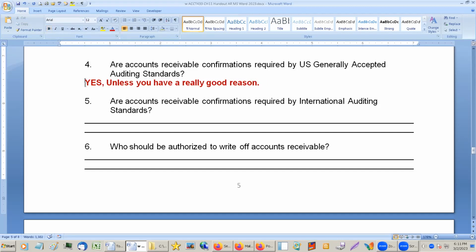What would be a really good reason? If they are immaterial. And obviously immaterial. If you have hardly any or none, then you don't have to.